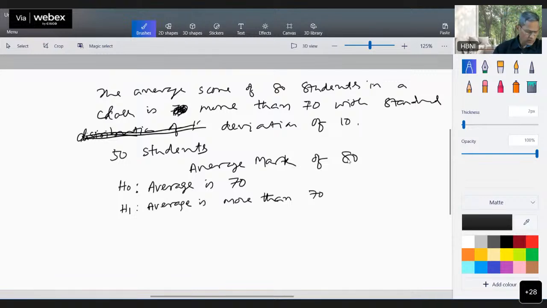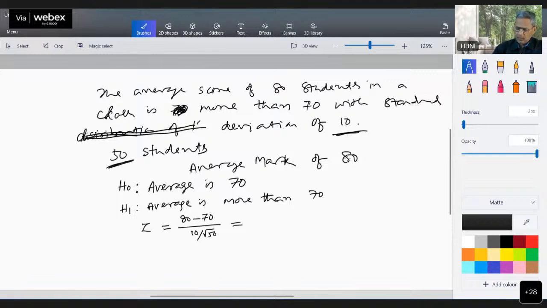So then what I will do, I have to calculate the Z score. Z score is calculated as my sample mean, which is 80, minus my population mean, which is 70, that is the school average, divided by the standard deviation of the population, which is 10, divided by root of the number of samples I have taken, 50 students, so root 50.